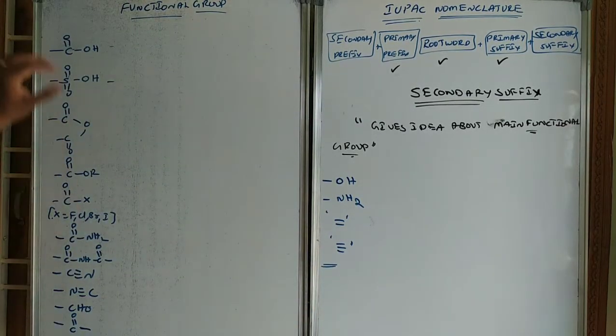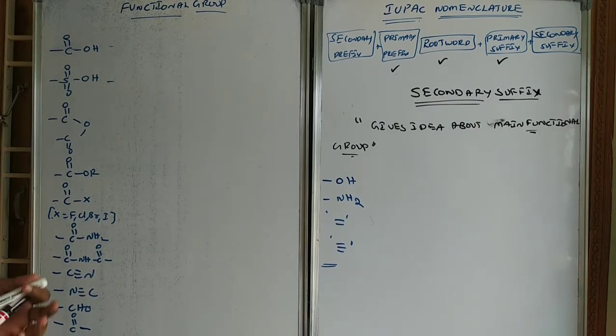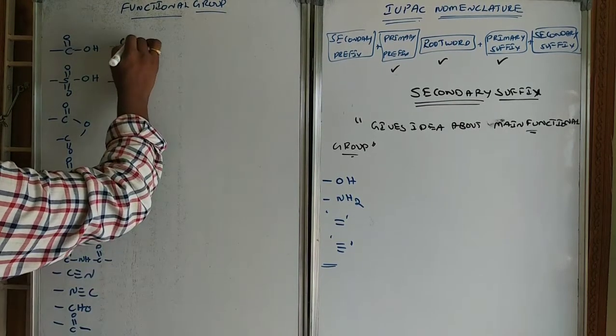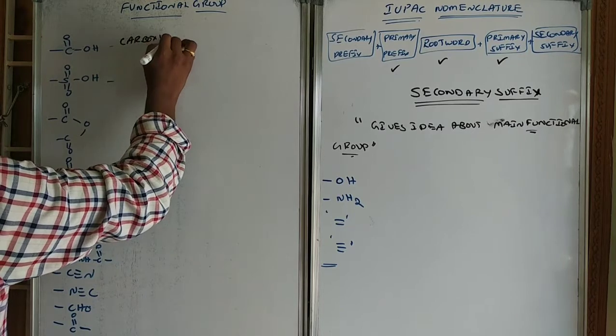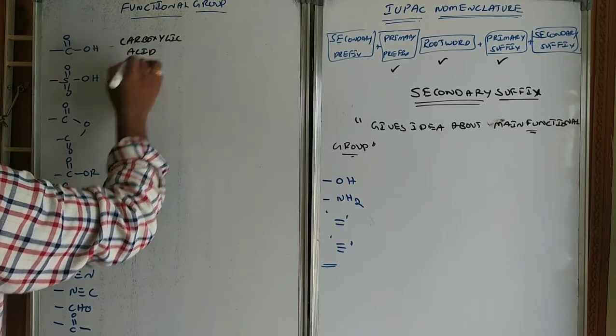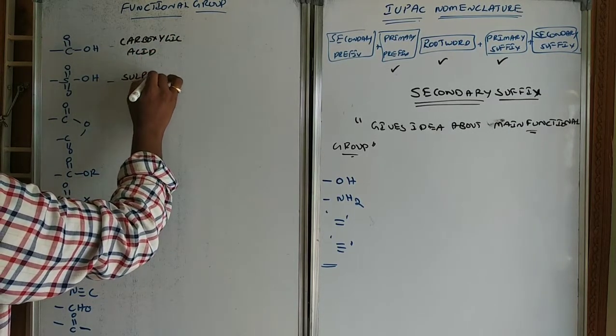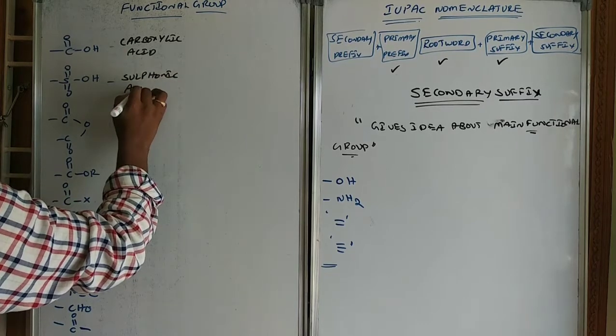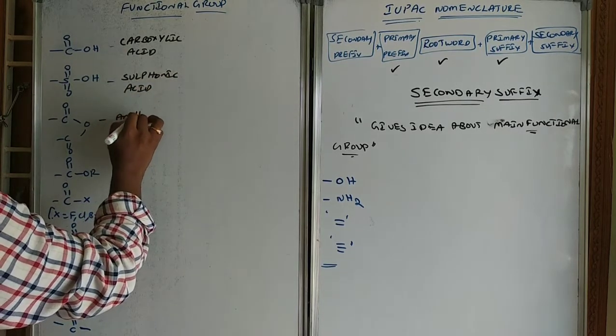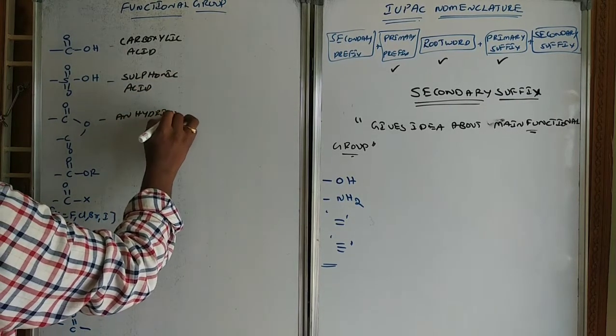So when COOH is there, the functional group name is carboxylic acid. This is sulfonic acid. This one is anhydride.